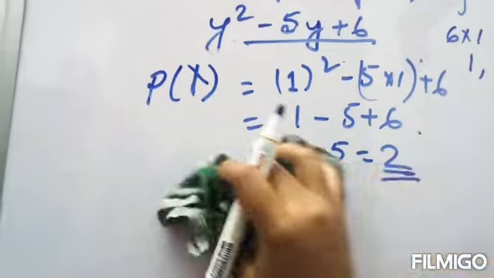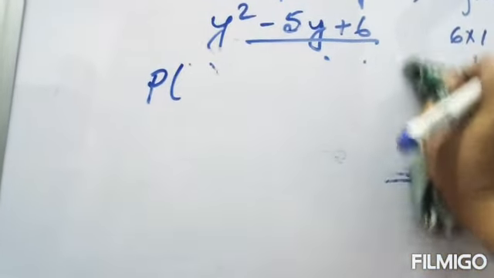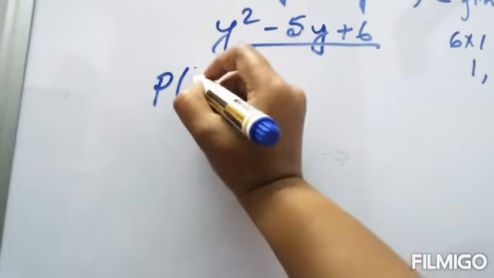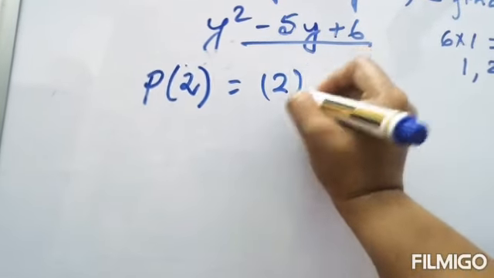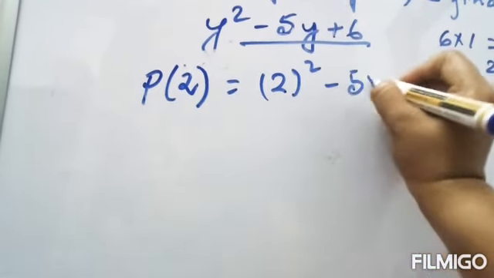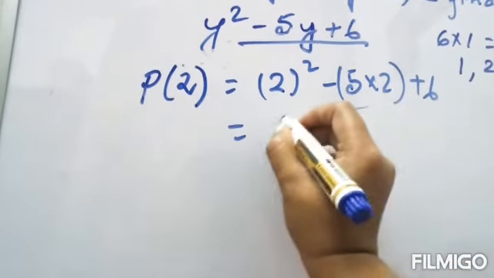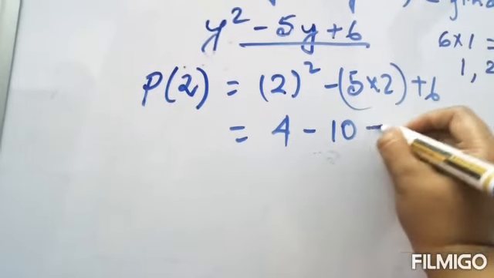Next we will try with 2. Same method. We'll substitute 2. So 2 square minus 5 into 2 plus 6. 2 square means 4. Minus 5 into 2 means 10, plus 6.